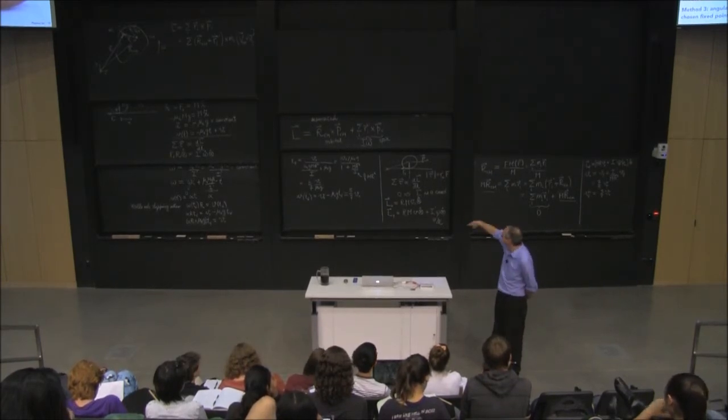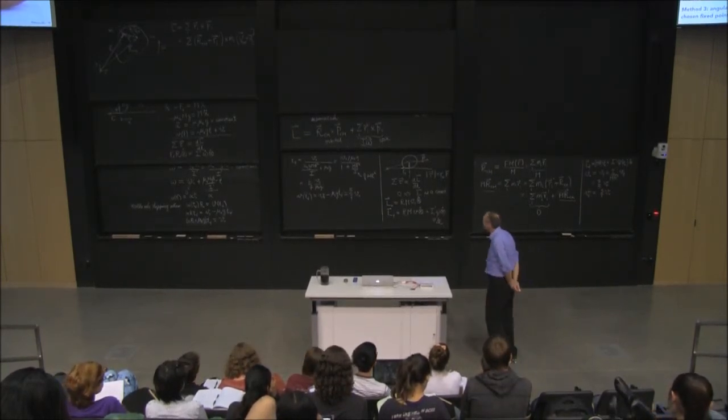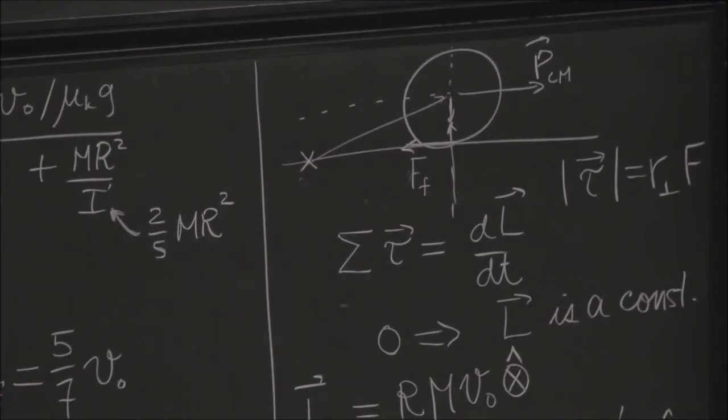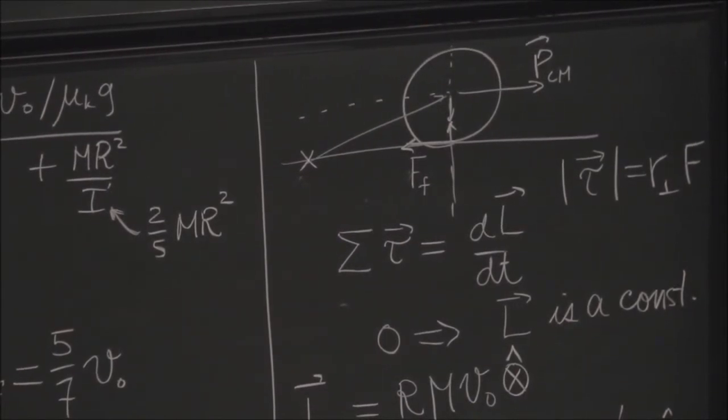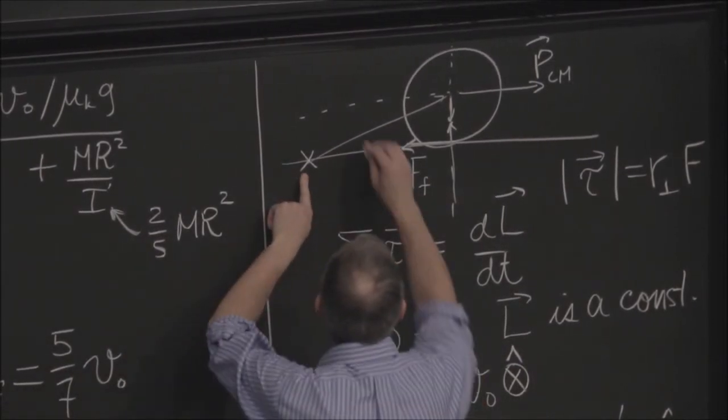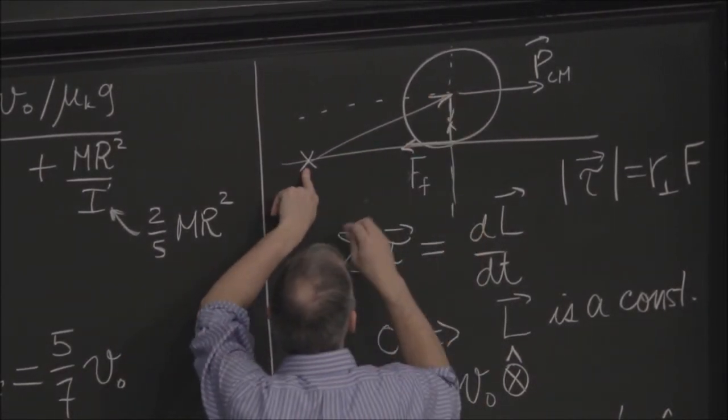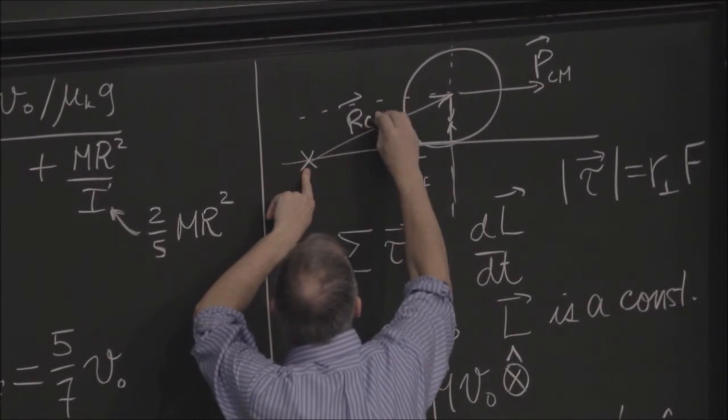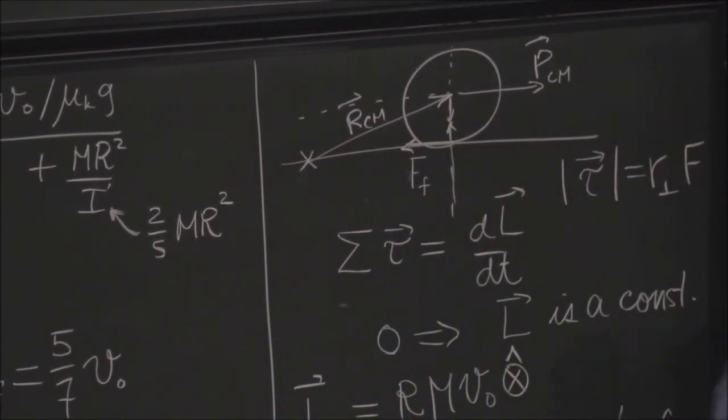Not any of these things that I'm writing with a vector sign and an R. A vector sign and an R to me means a position vector. Okay, yeah. So the position vector here of the center of mass with respect to that reference point would look like this. And as the ball moves, that's clearly changing.